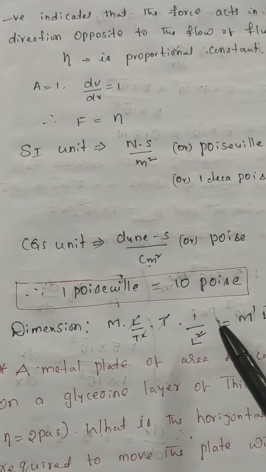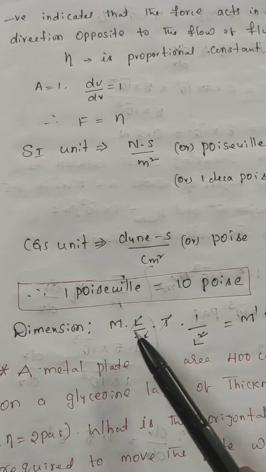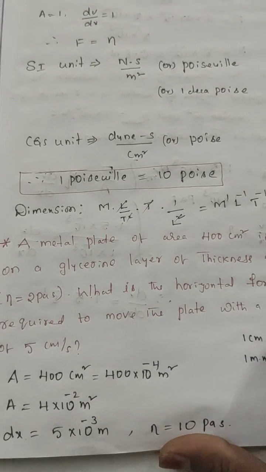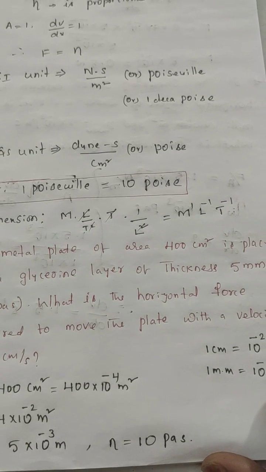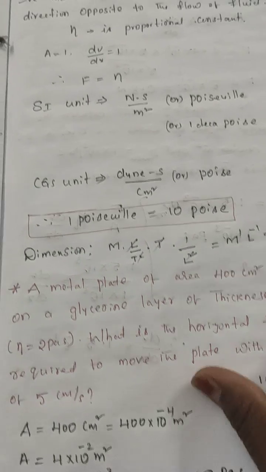Next, area, centimeter square means L square. L gets cancelled, T gets cancelled. Finally, the coefficient of viscosity dimensional formula is M power 1, L power minus 1, T power minus 1.